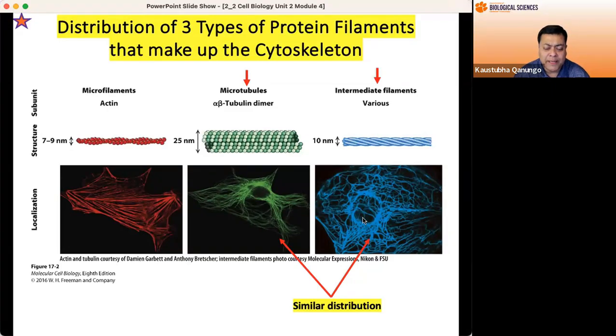Of course they look different, but the pattern is radial from the center of the cell, whereas for the microfilaments there is no radial arrangement. They are running in all different directions throughout the cell.